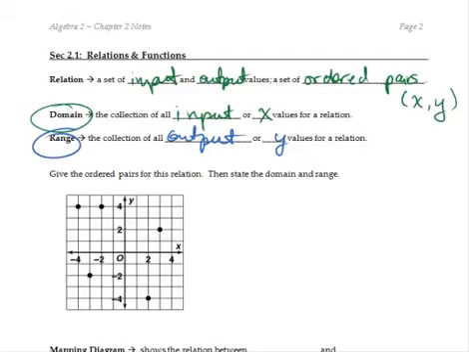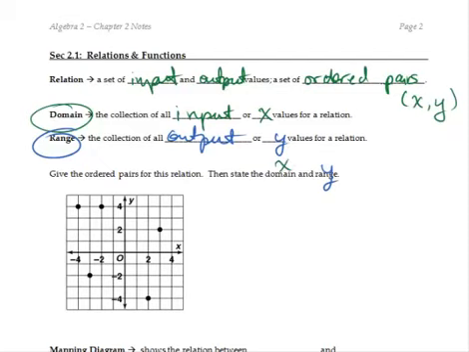So those two words come into play when we talk about a relation. And so here's an example of some ordered pairs on a coordinate plane. We're going to list the ordered pairs so that we can see what the relation is. Remember, that's the collection of the ordered pairs. And then we're going to state the domain, or the x values, and the range, or the y values.